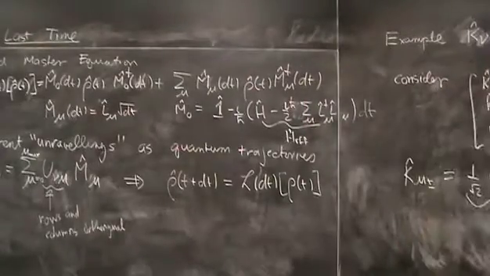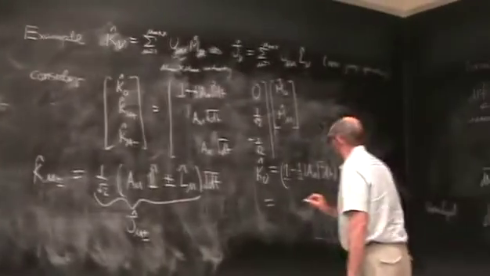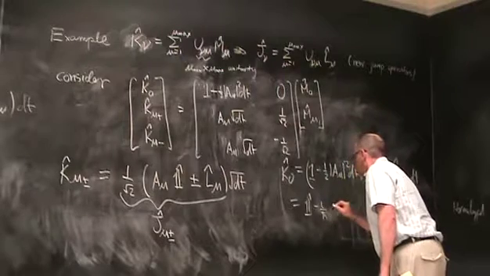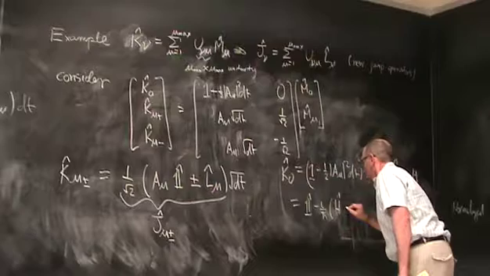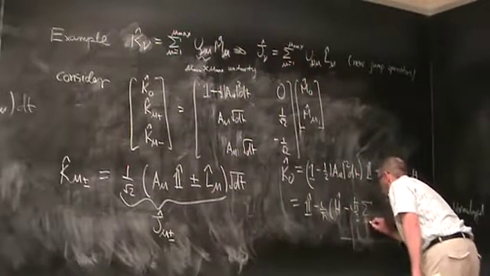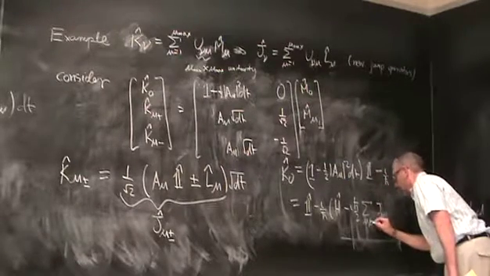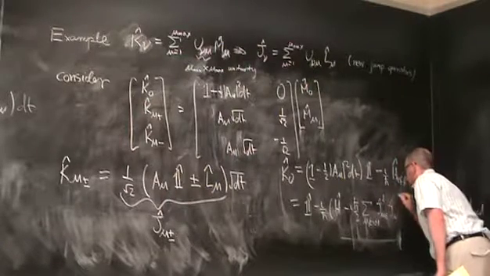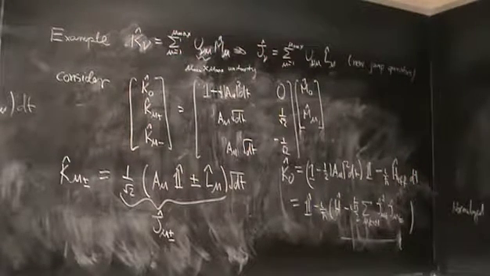And this is equal to the identity minus i over h bar H, or H minus i h bar over 2 sum over mu and epsilon, epsilon is plus or minus 1, J dagger J. So I have a new H effective.